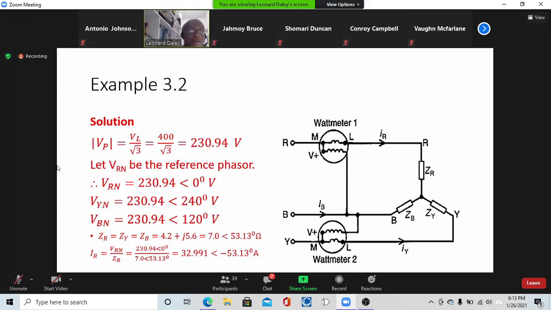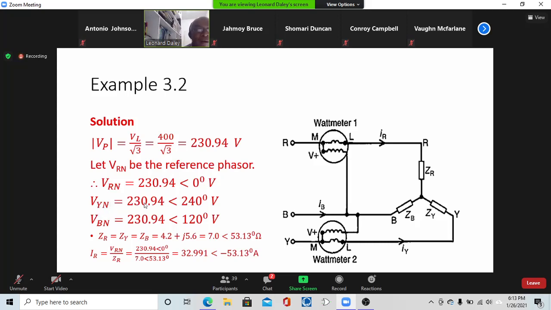All right, so let's follow this then. The phase voltage would be the line voltage divided by √3. Everybody with me? Yes, sir. And then as usual, VRN is our reference phasor for the star system. So VRN is 230.94 at angle 0.